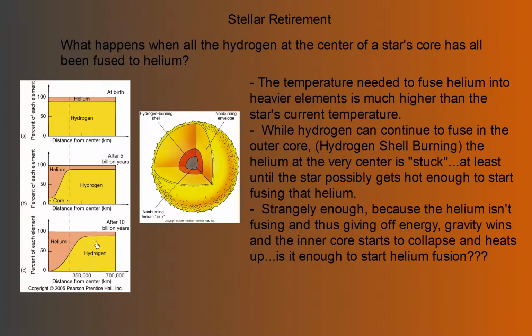But it's harder to fuse helium into heavier elements than it is to fuse hydrogen into helium. You need higher temperature. So while hydrogen can continue to fuse in the outer core, and that's what you see here, you see non-burning helium ash, they call it, meaning no fusion here because it's not hot enough, but it is still hot enough to fuse the hydrogen out here, and so you'll have what they call hydrogen shell burning.